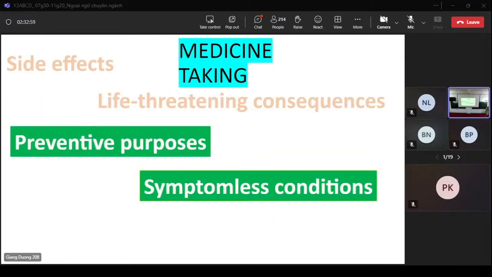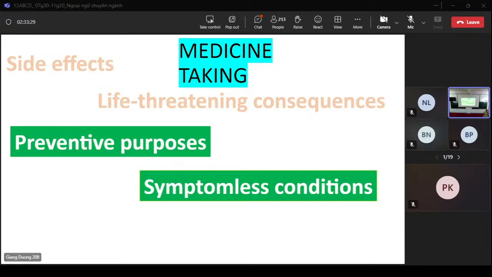In medicine taking, we also have some keywords appearing in our reading text. Side effects. Every single medicine has its own side effects. It might be severe, it might be mild to some patients or groups of patients. So we cannot avoid side effects.